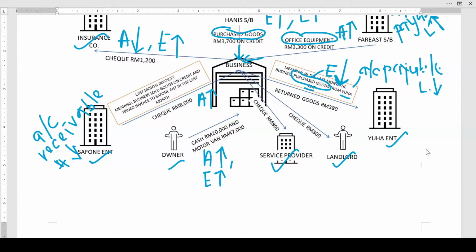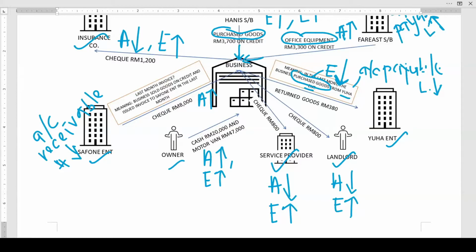What happened to the money? The money here will decrease because we made the payment. But the expense will increase here for the rental, and the expense will increase here for the utility bill.